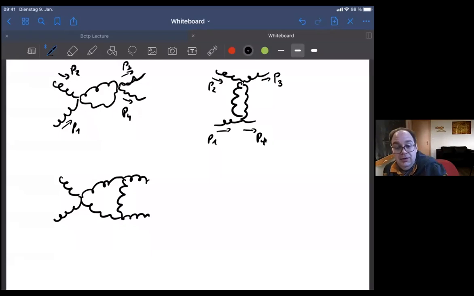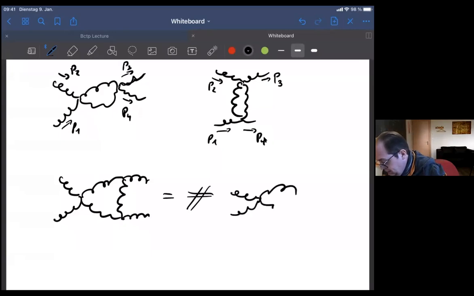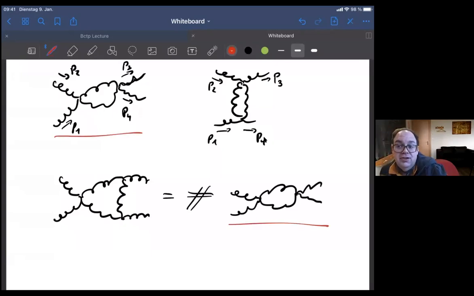But the code will tell you that this is actually, up to some constant, equal to this, which is this guy here. So there's just a diagram, and by diagram I always mean the integral that you need to compute. Okay, there may be different numerator factors and so on, tensor structures. I'm not talking about those. I'm just talking about the actual scalar integrals that you need to compute.